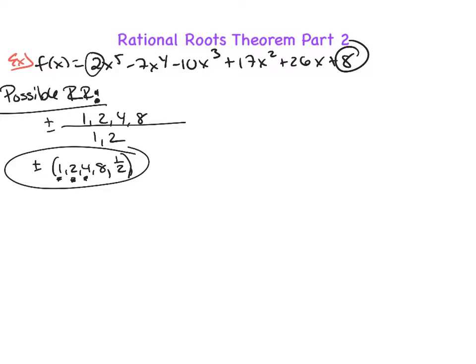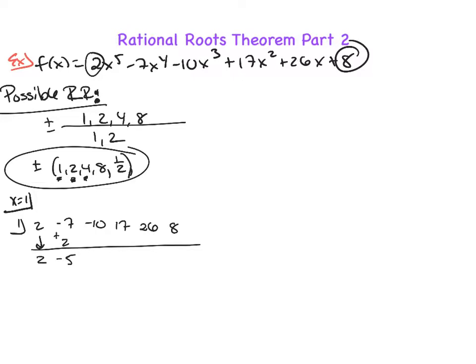So let's start with 1. So for 1, we have 2, -7, -10, 17, 26, and 8. Ooh, makes me glad for synthetic division. Bring down the 2. 1 times 2 is 2. -7 plus 2 is -5. 1 times -5 is -5.